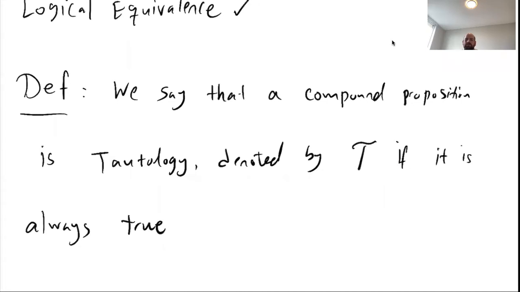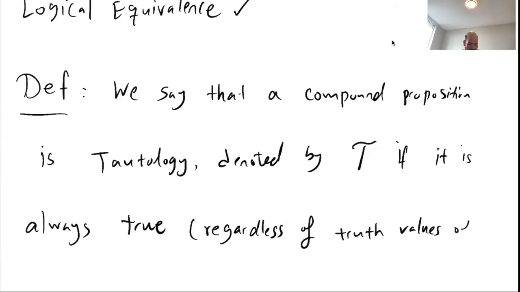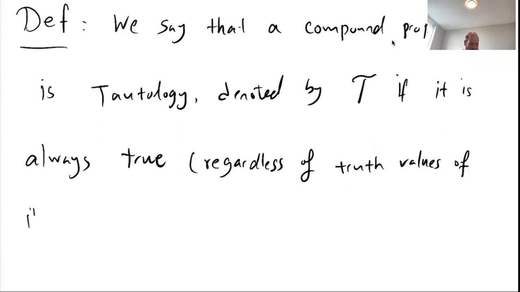Always true means what? Because it's a compound proposition, it could depend on the truth values of the components. It could be sometimes true, sometimes false potentially. But if it's always true, then we say it's a tautology, regardless of truth values of its components.